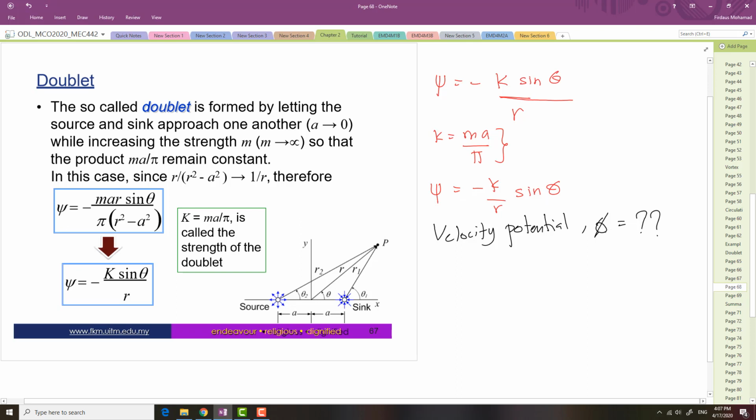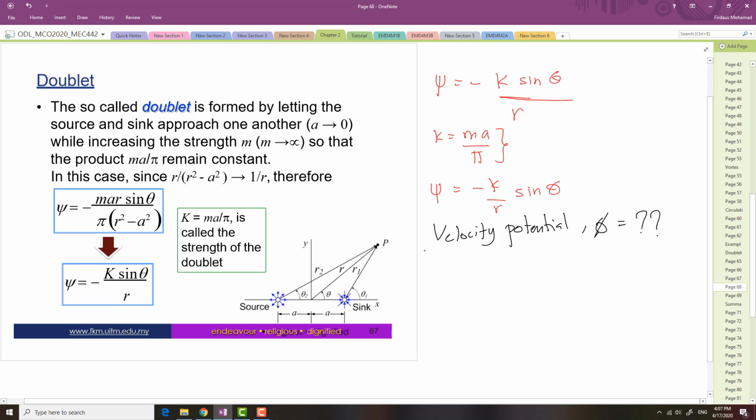How to obtain the velocity potential? Since from psi we can obtain the velocity, for example, tangential. For the source and sink, we can obtain the radial velocity. Okay, so source and sink only have radial velocity, not a tangential velocity.